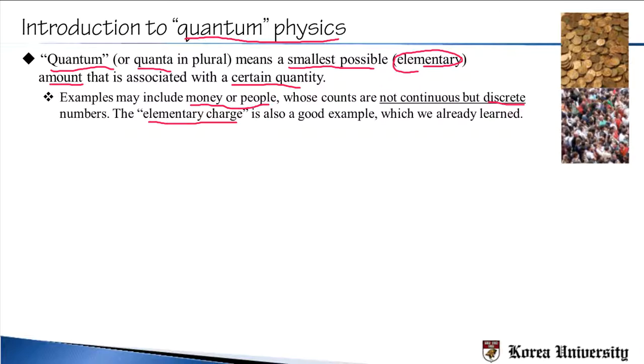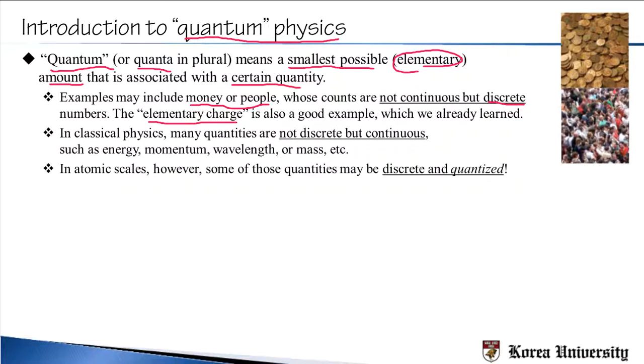Okay, and in classical physics, in fact, many quantities are not discrete, but continuous. And what could be the examples? For example, energy, momentum, wavelengths, or mass. So for example, your body weight, or the mass of your body, actually can be any number. It doesn't have to be exactly 10 kilograms or 12 kilograms or 13 kilograms.